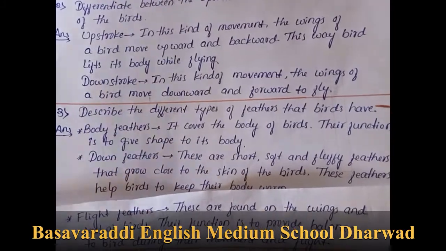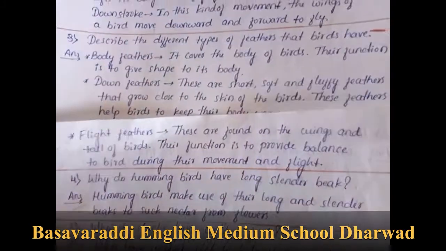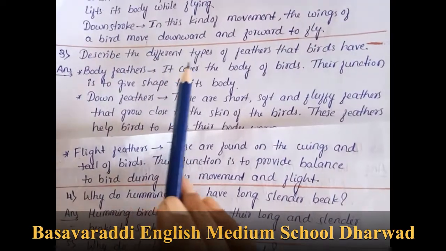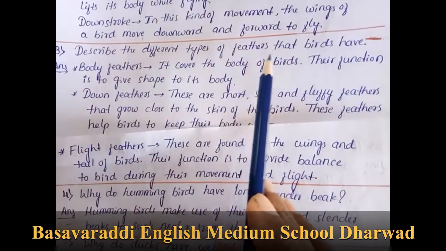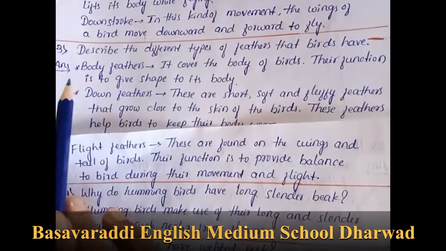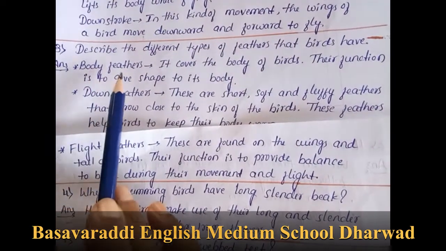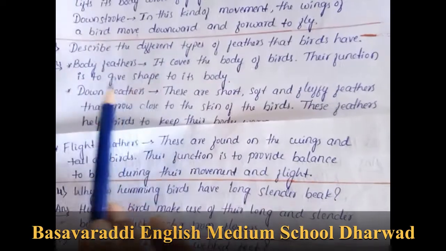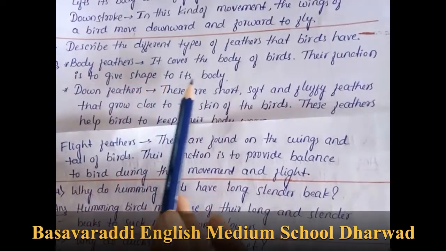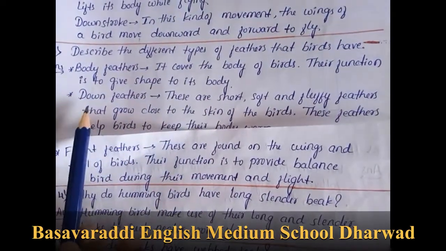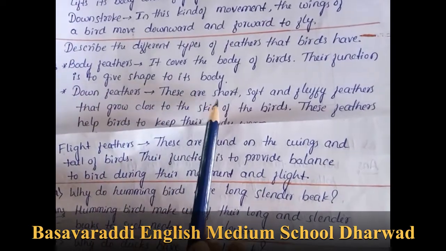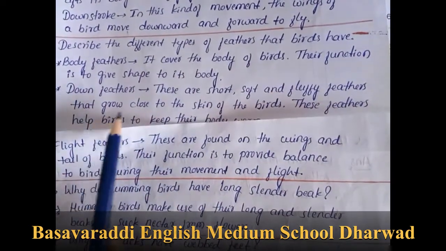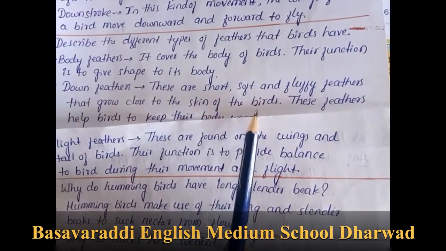Third one, describe the different types of feathers that birds have. Answer, body feathers. It covers the body of birds. Their function is to give shape to its body. Down feathers. These are short, soft and fluffy feathers that grow close to the skin of the birds.